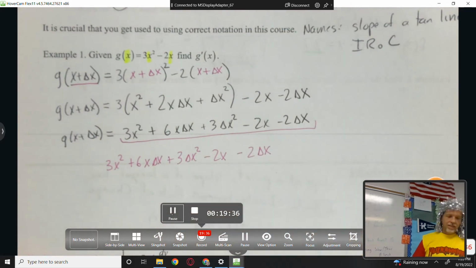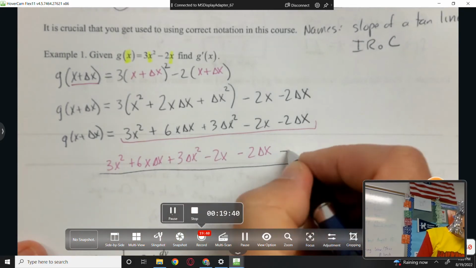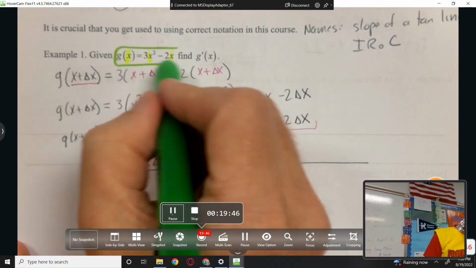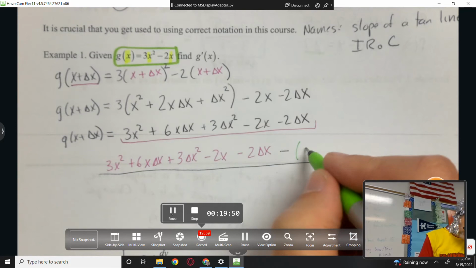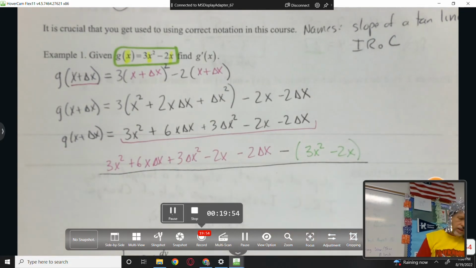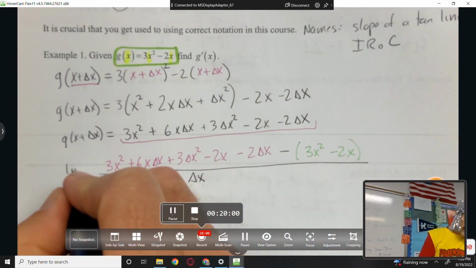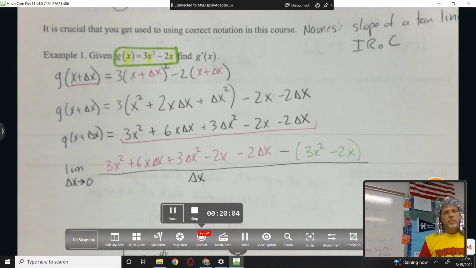All of that, minus g of x, yep, minus g of x is 3x squared minus 2x, all over delta x. And I'm trying to find the limit as delta x goes to 0.